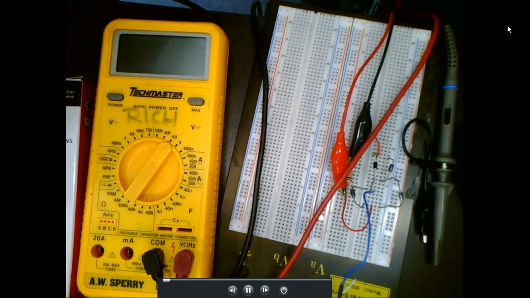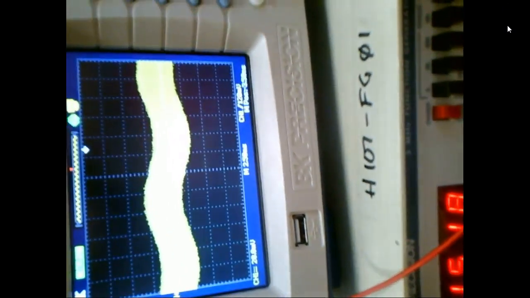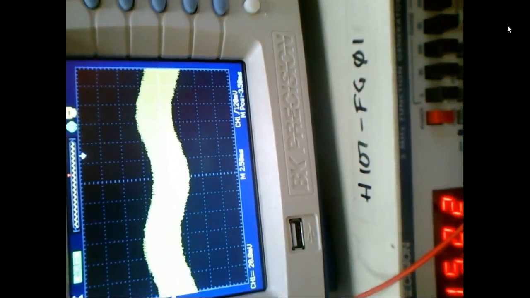So let's see if we can make a capacitor. Let's see if we can get enough coupling through this tip. Oh yeah. So here's my oscilloscope, and I want y'all to look.